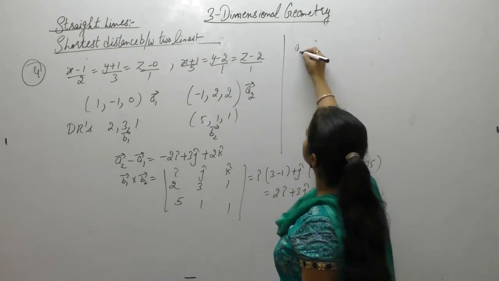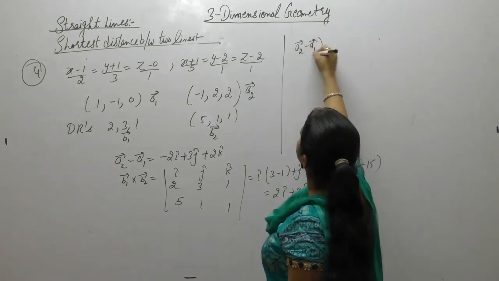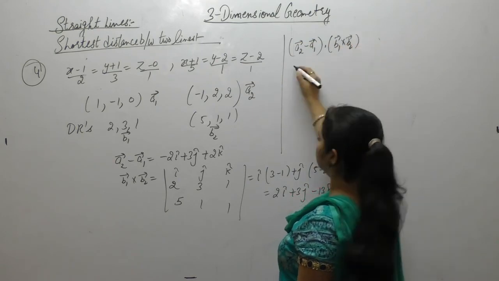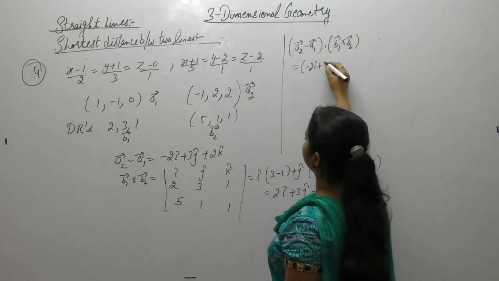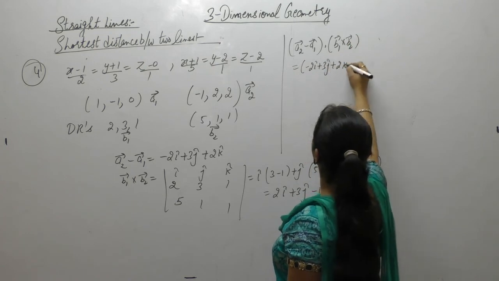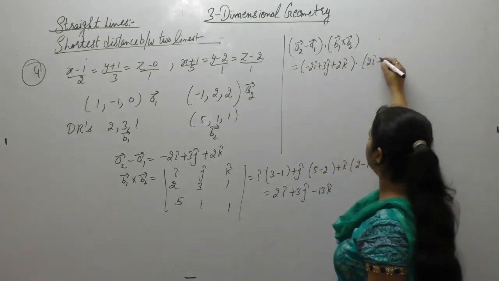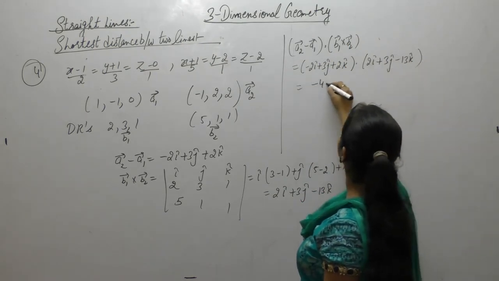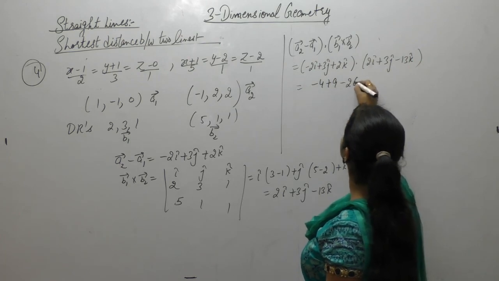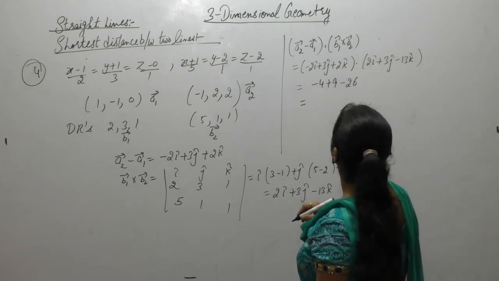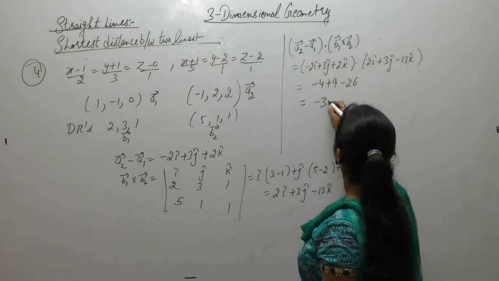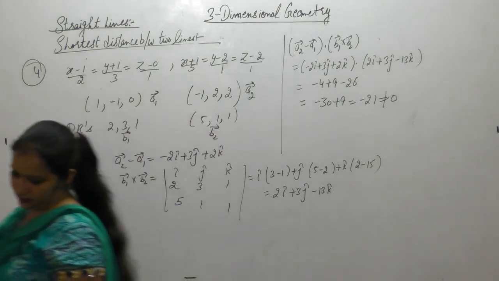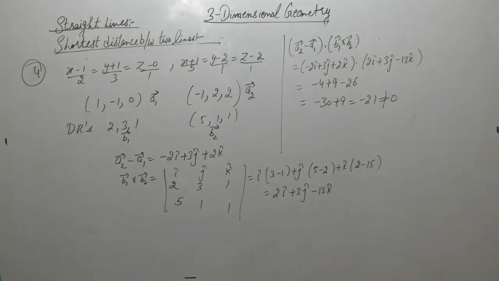Now dot product a2 vector minus a1 dot b1 cross b2: minus 2i plus 3j plus 2k dot 2i plus 3j minus 13k, minus 4, 3 into 3, 9, minus 26, minus 30 plus 9, minus 21, that is not equal to 0.